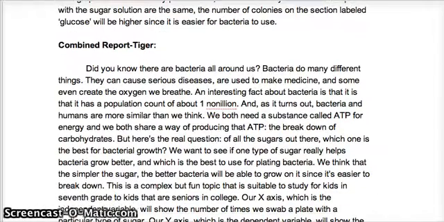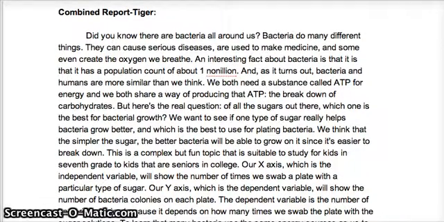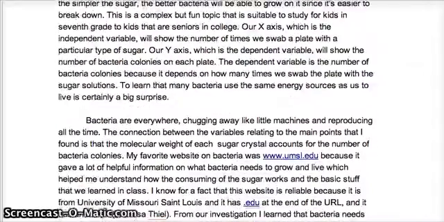I did the combined report. We all did one report on some background info, and so I just mixed and matched pieces and wrote a few sentences to make everything else flow.